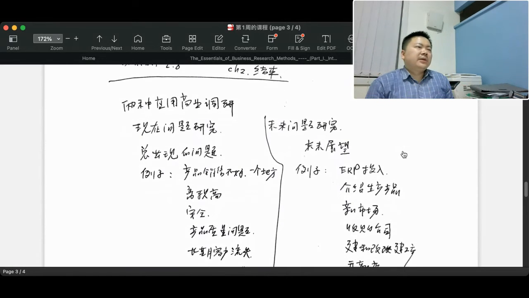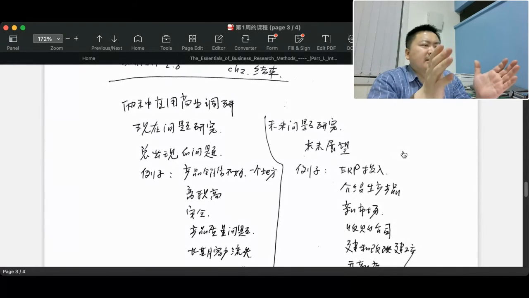The problem has to be something that's always repeating. For example, let me see whether I can remember it. A product is not selling suddenly. That's what I have mentioned. The workers get injured very often, or the workers are not happy. The turnover is very high. They leave the job very often.